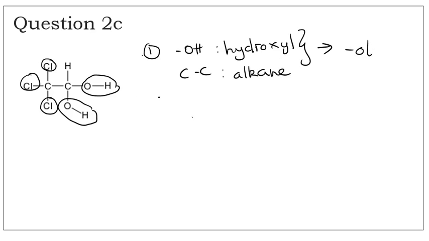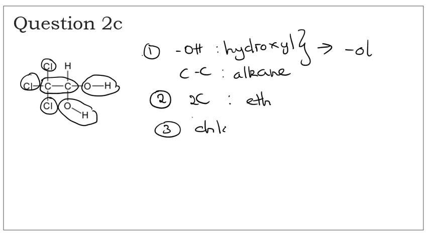But anyway, what can we do? And then the longest carbon chain is this one, 2C, which is eth. You have 3 branches of chlorine. So it's a chloro, and I'm definitely going to need to use tri at one point because there are 3 branches. Now you also have 2 of the hydroxyl groups, so you're going to need to use di to indicate that.